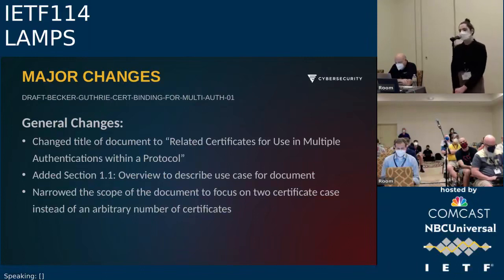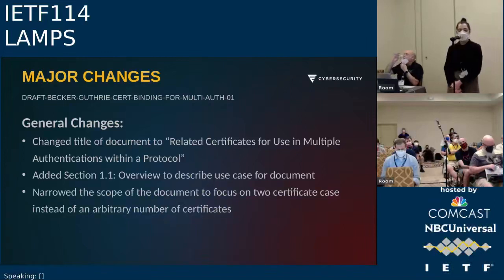Specifically, this is if you're using a certificate with a traditional algorithm and you want to transition to using a post-quantum certificate, possibly in conjunction with the traditional certificate. Last, we narrowed the scope of the document. So instead of using this mechanism for an arbitrary number of certificates, we're just focusing on the two certificate case, where you submit a CSR that references only one already existing certificate. Next slide.